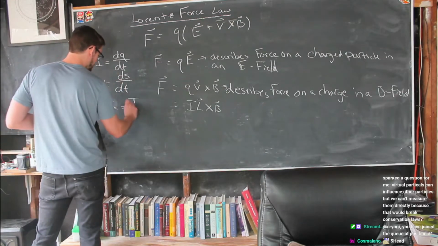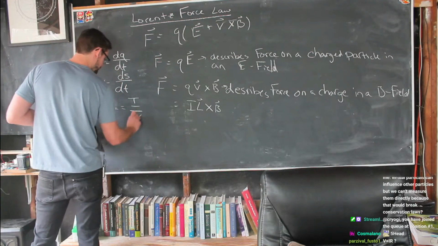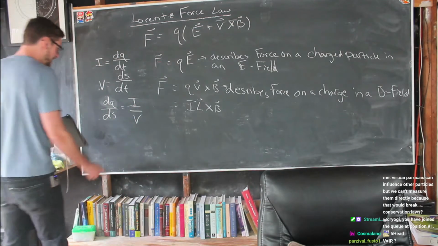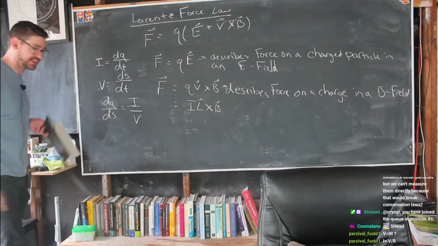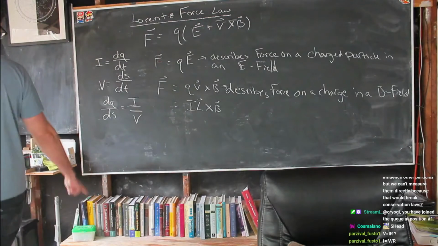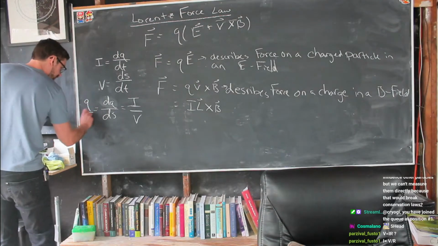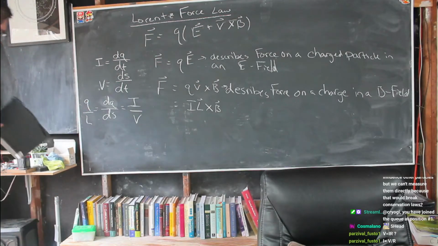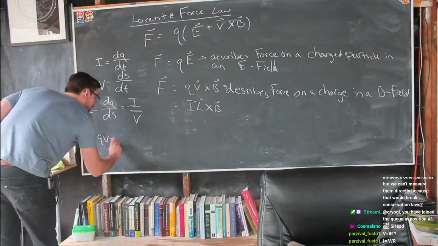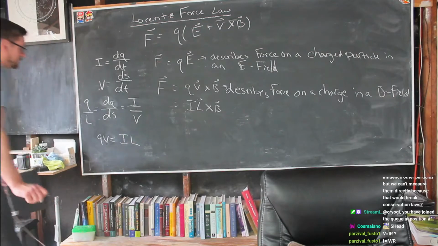Is equal to I over v. I think that sounds right. And then this is just a charge density, which means this is also equal to the charge over the length. So then we could just rearrange this: qv equals IL. Done.